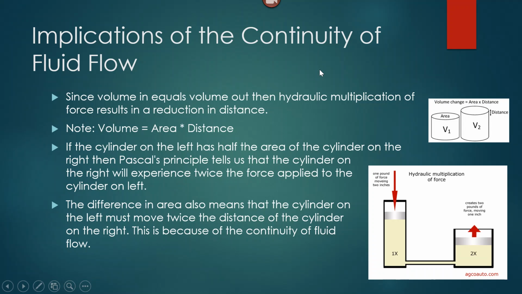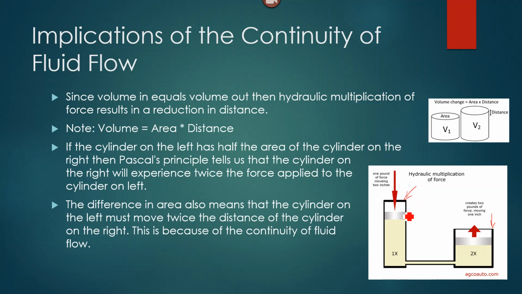So what are some implications of it? What does this actually affect? Since volume is equal to the area times the distance, then when you have two different pistons with two different areas, piston 1 with some area and piston 2 with some different area, the fluid moving from piston 1 to piston 2 is equal, so the displacement of piston 1 is going to be different than the displacement of piston 2.